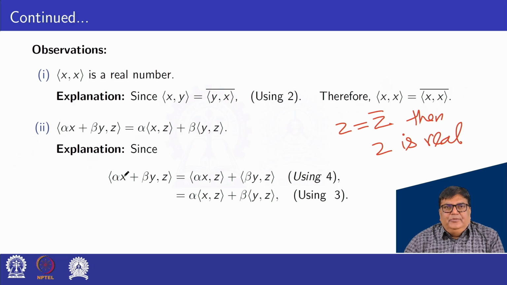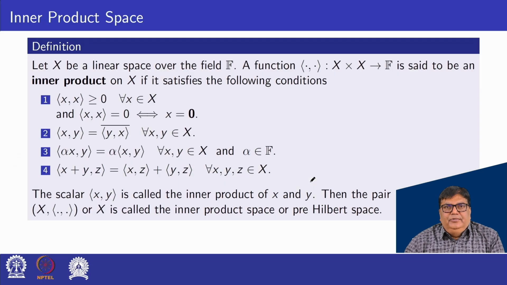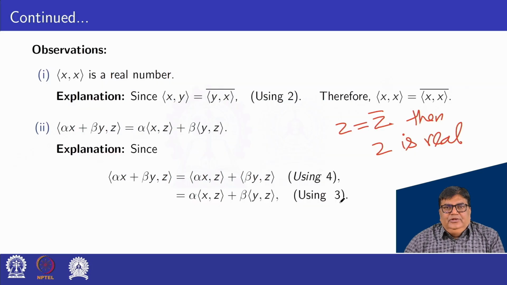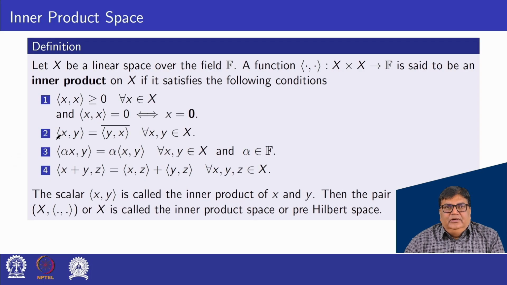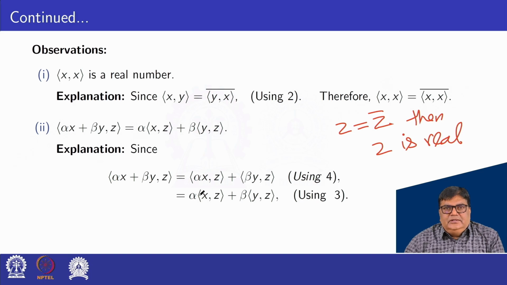Since inner product of (alpha x plus beta y, z) equals inner product of (alpha x, z) plus inner product of (beta y, z) using property 4, and using property 3, this can be written as alpha into inner product of (x, z) plus beta into inner product of (y, z). That is, this one is true.